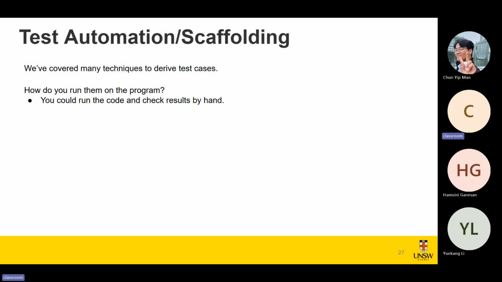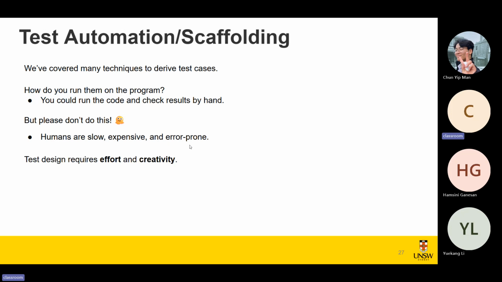We could run the code and check the results manually, feeding the inputs to the targets and observing whether there are problems. But please don't do this in practice, because humans are slow, expensive, and sometimes error prone.